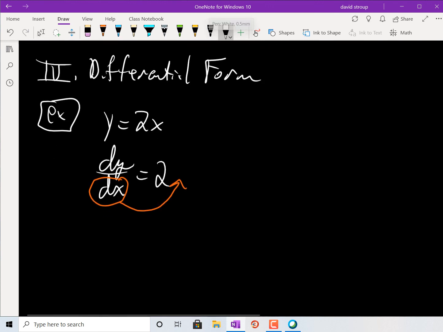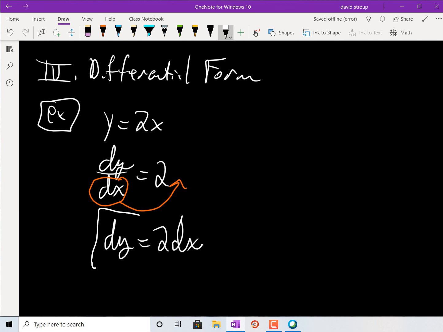But it's not technically that, because dy over dx represents a limit and all that jazz. Here, this would be the differential form of the derivative. Moving the dx over is just a way of thinking of it, for the sake of sanity.